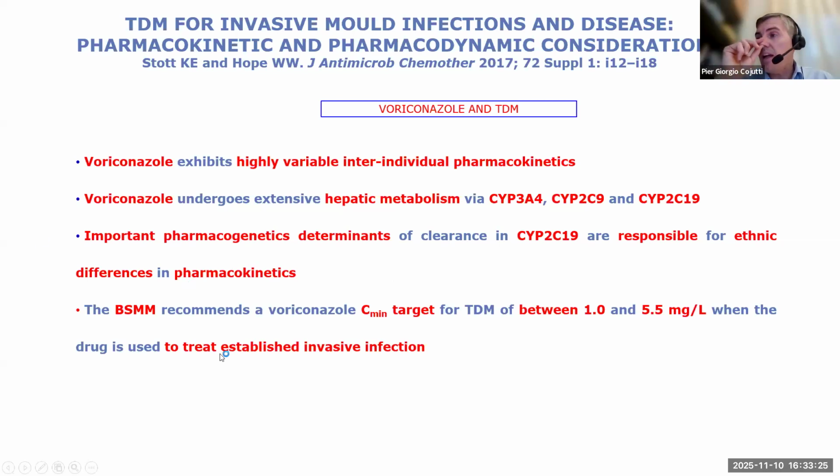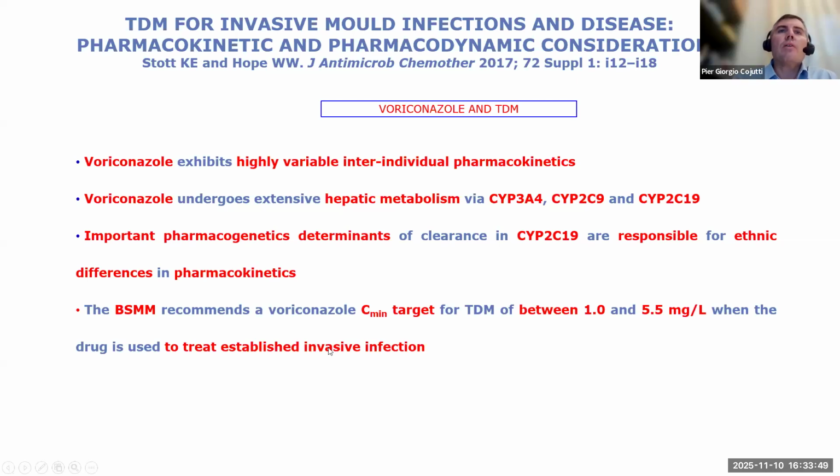And the third aspect is inflammation, which is a quite recent finding. We observed that patients with higher CRP, so 15, 20, 50 milligram per liter, may experience higher concentrations of voriconazole, because CRP or inflammation acts as an inhibiting drug, we can say.